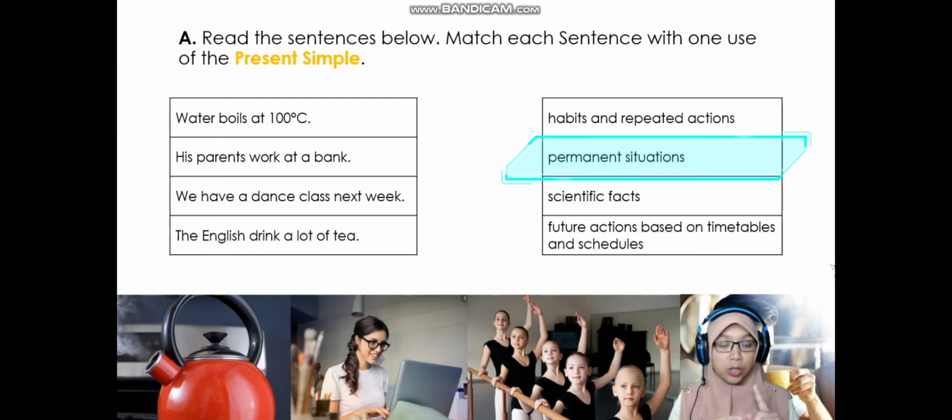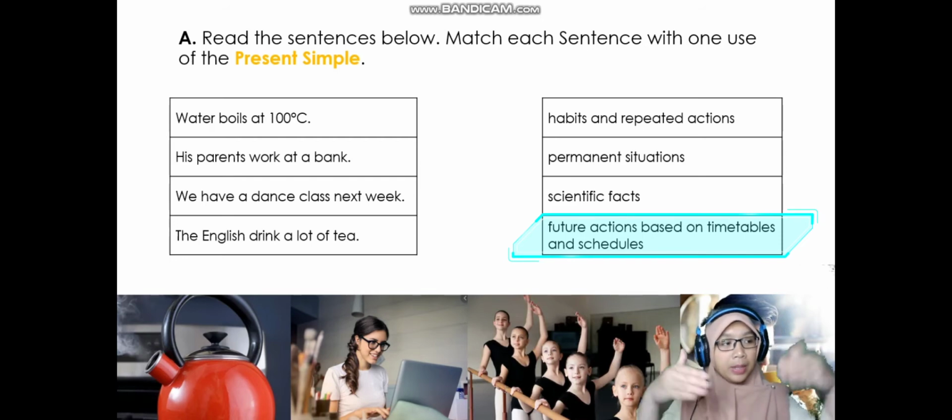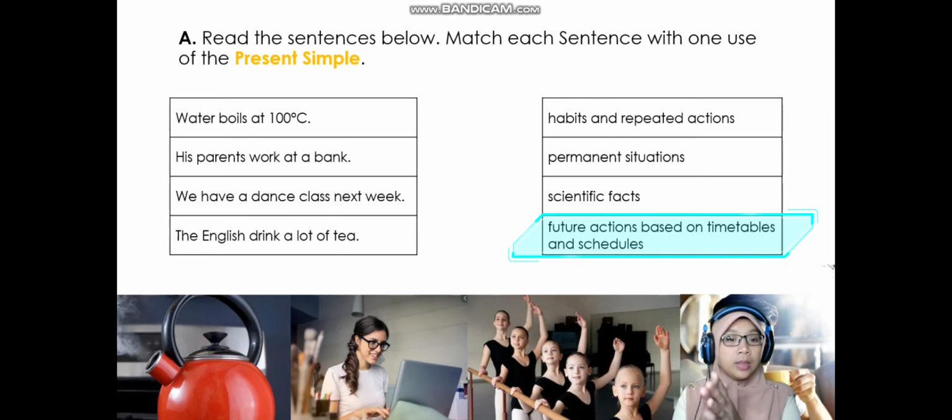So this situation you are going to use present simple. Scientific fact, fakta scientific. Future action based on timetables and also schedule. Something that you are going to do in the future, but it is being scheduled. Maksudnya benda yang kamu akan buat pada masa akan datang, tapi dia dilakukan pada masa akan datang disebabkan berdasarkan schedule ataupun jadual kamu, macam tu.